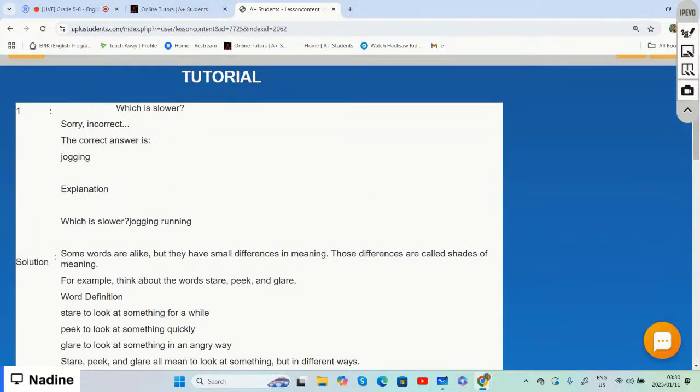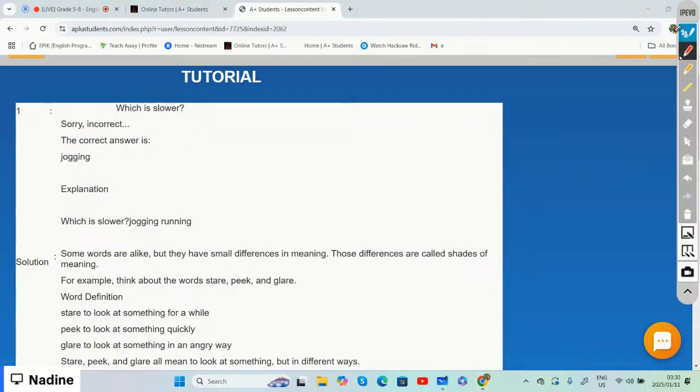Now, if we look at these words, let's quickly look at three activities, and then we go on to a test. You need to say what is slower. Is jogging slower or running slower? If you run or you jog, those are words that are similar, right?